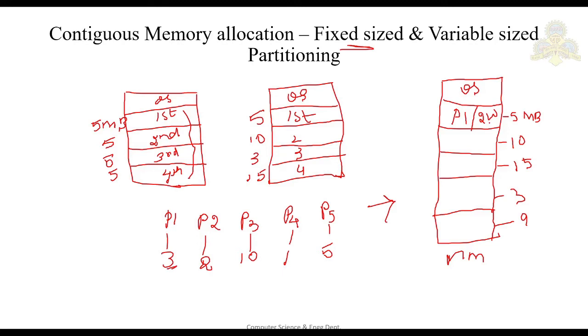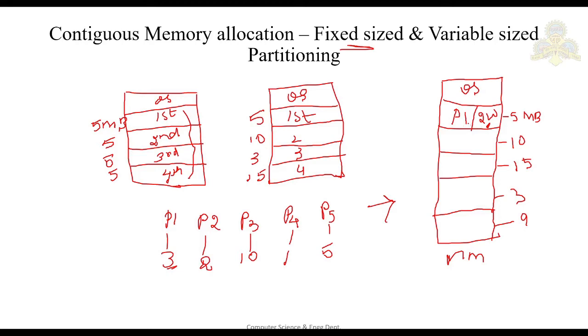Then we have process P2, which is of 2 MB, right? As you can see, 2 MB has been wasted, so you might say that P2, which is 2 MB, can be kept in the same part. But it cannot be done. Why? Because this partition already has the P1 process, and it is continuously present.